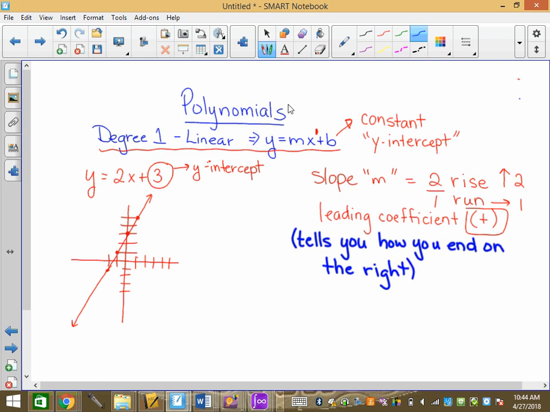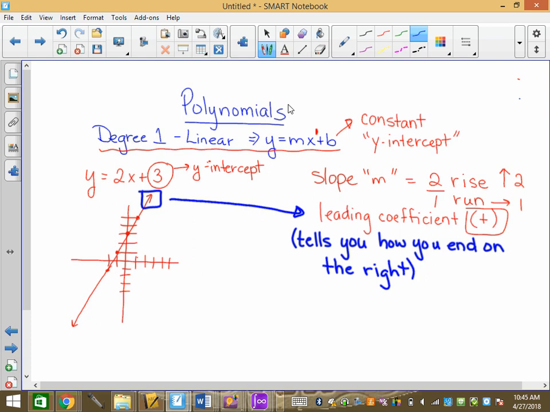So this one is a positive leading coefficient, and I ended up. We agree? So that's how we end on the right. So I have a positive leading coefficient, which means I end up on the right. And because it's a line, I must be ending down on the left, correct? Because these have to end up one or the other. They have to go one direction or the other. Also, it's a positive slope, so you knew it would be going up, right?